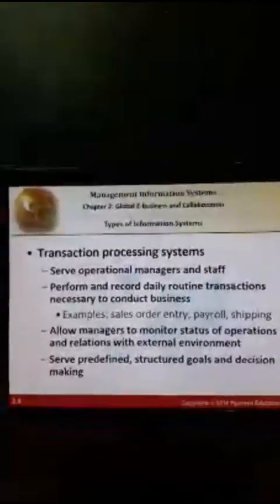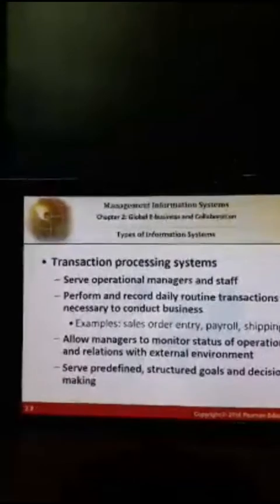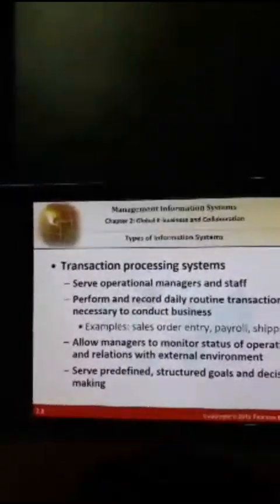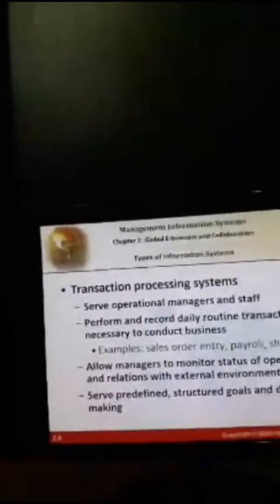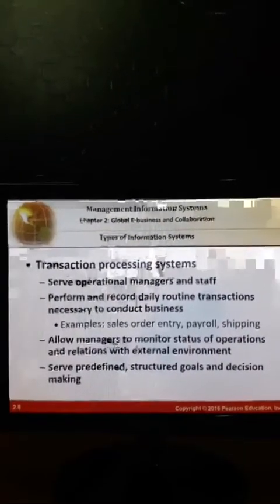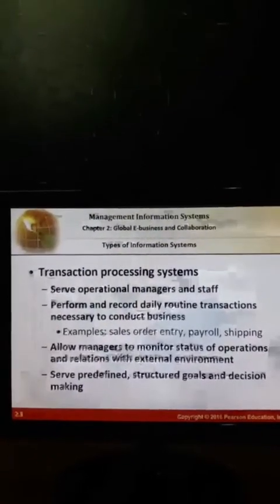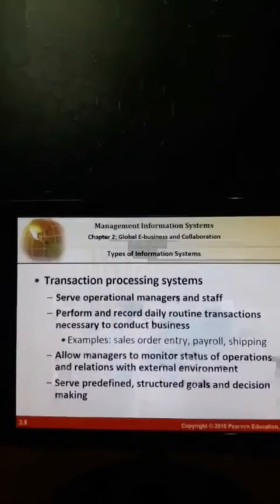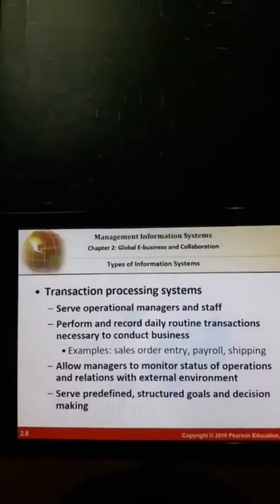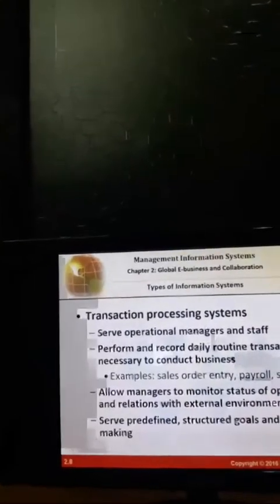They are performing routine work, like sales order entry, payroll, in the case of accounts executives. These managers are creating data, like when you put in the sales order or the transaction details. These are data.